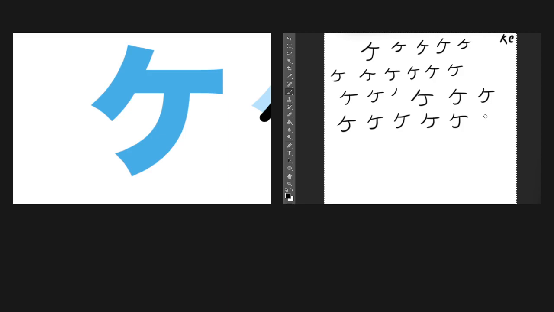So you almost have to unlearn, because if you see the K, I feel like you start drawing a K, and it's not what it's supposed to look like. It's supposed to look more like this. It doesn't look like a K at all. Don't do it like that.